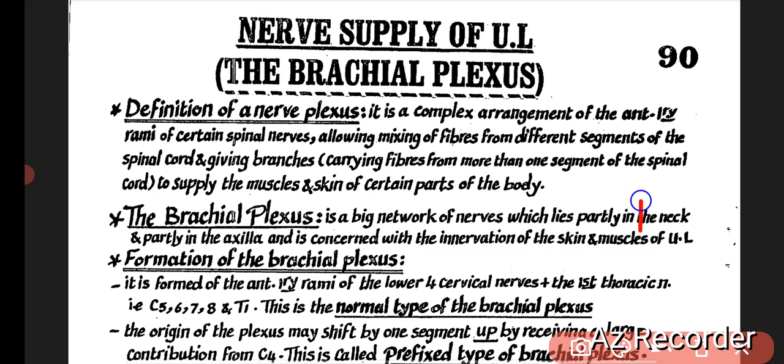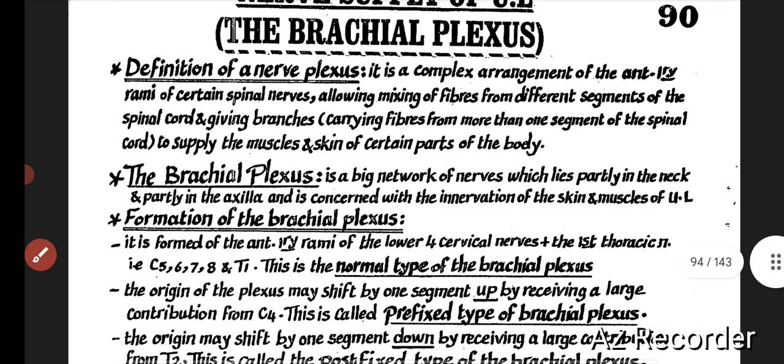And giving branches carrying fibers from one or more segments of the spinal cord to supply the muscles and skin of certain parts of the body. So, what is the nerve plexus?